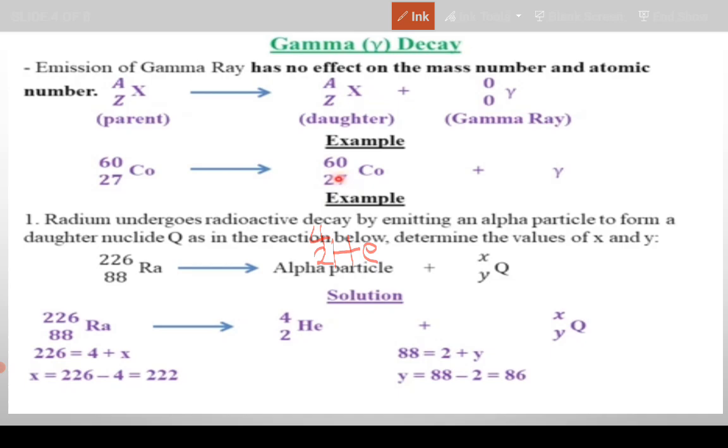just the He with a mass of 4 and the atomic number of 2. So in order to form the new element, it means the mass is going to decrease by 4, so subtract 4 from 226, and atomic number shall go down by 2.